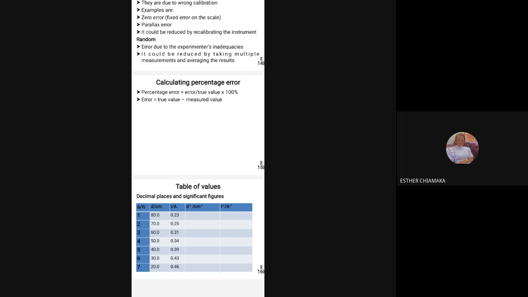Okay, sir. Should I still plot the first one you gave to us? Please do the two. Okay, but sir, I wanted to know because I've already started doing that first one. You said we should plot the graph of potential difference against current.